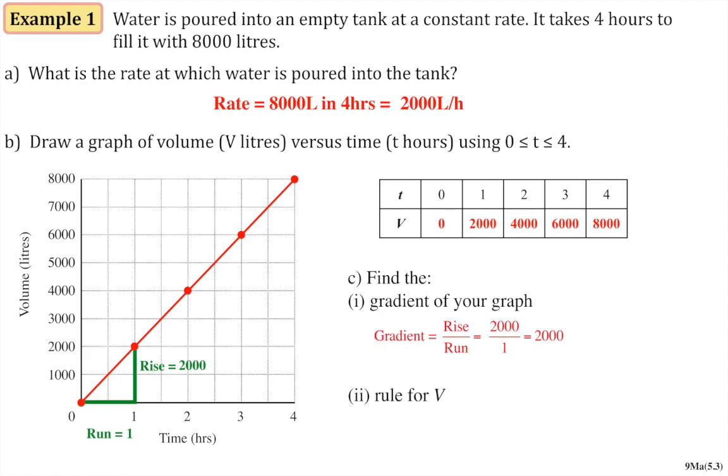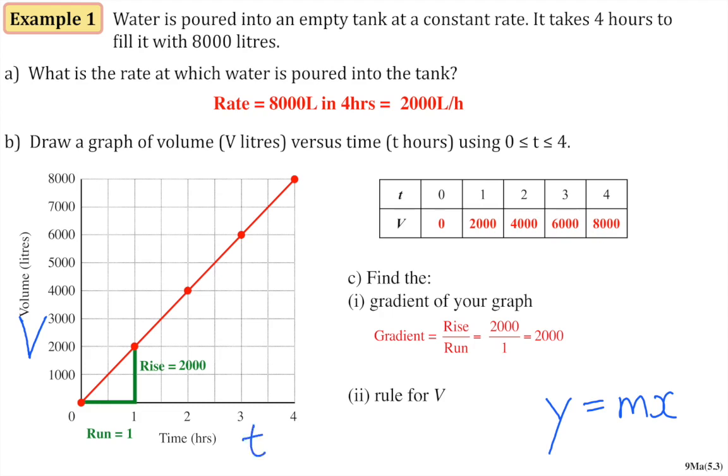Now we need to find a rule for our volume. Well, remember, we said earlier the rules will be in the form y equals mx. Well, I don't have a y-axis. What's my y-axis here? It's a volume axis. I don't have an x-axis. My x-axis is dealing with time.